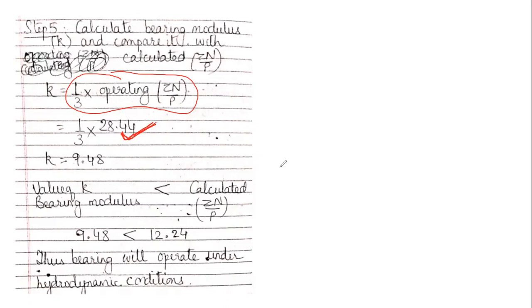So 1/3 into 28.44, we get 9.48. So the value of bearing modulus is less than the calculated Zn by P, which we found in step number 4. 9.48 is less than 12.24. Thus the bearing will operate under hydrodynamic conditions. The design is safe.